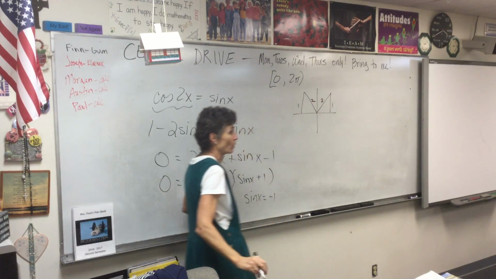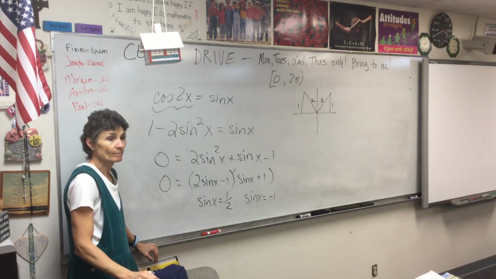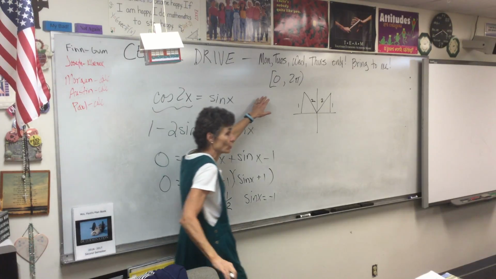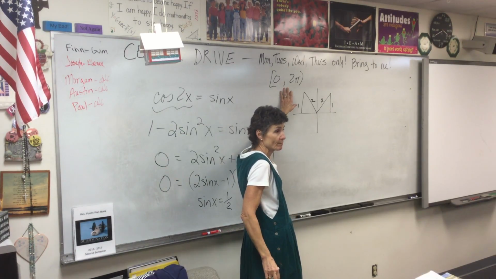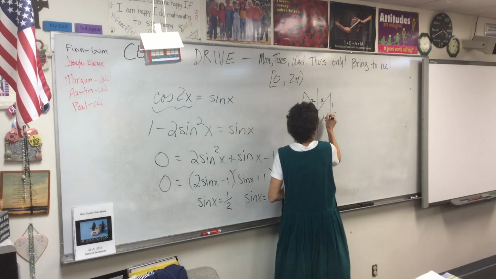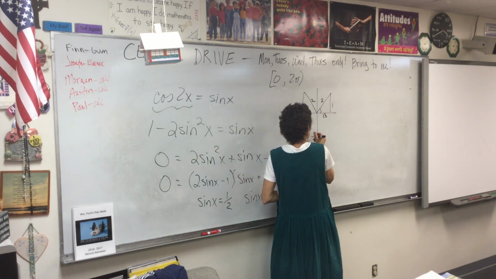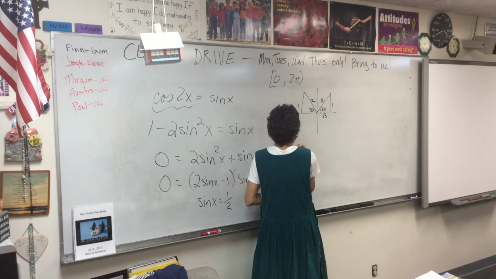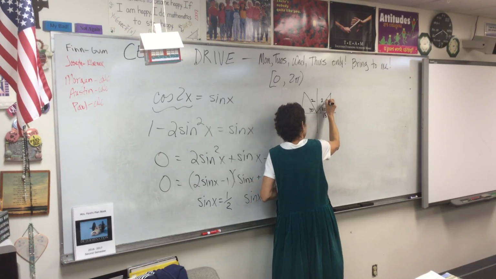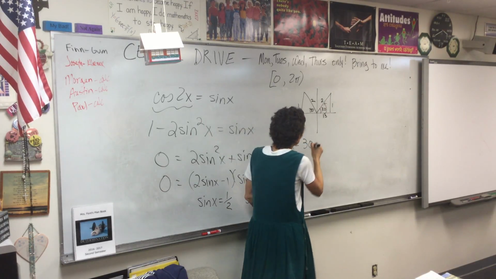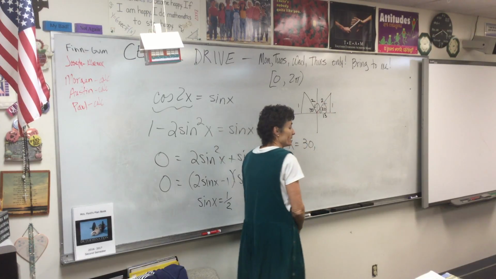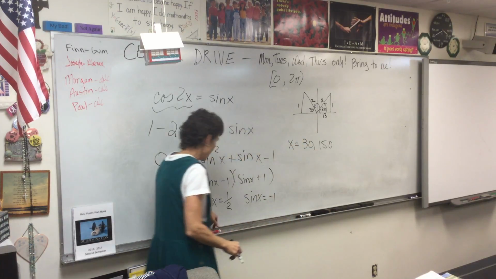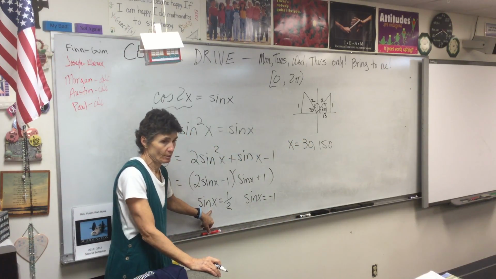Sine is positive in both quadrants, and these directions tell me to look all the way around. If that's a 1, that's a 2, this is a 3. How big is this angle? 30. So my 2 answers are 30, that's that one, and the other one is 150. So 30 and 150 are the answers to the first part.